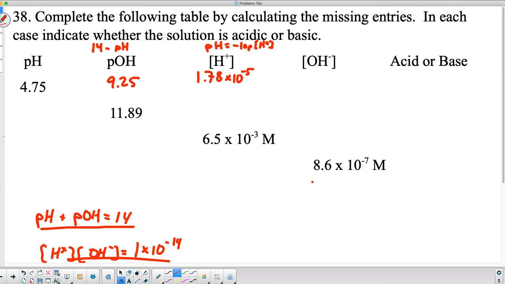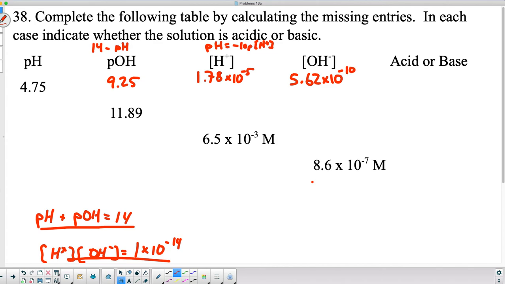Now to do this one, all I have to do is take 1 times 10 to the negative 14, 1 EE 14 negative, and then divide that by 1.78 EE 5 negative. And then I get this one. So this gives me 5.62 times 10 to the negative 10.